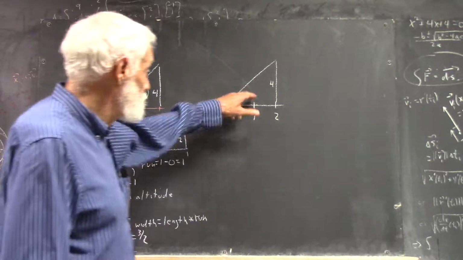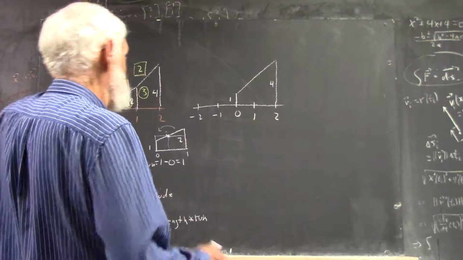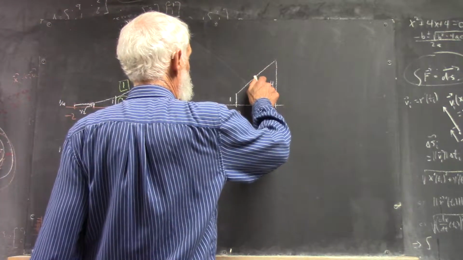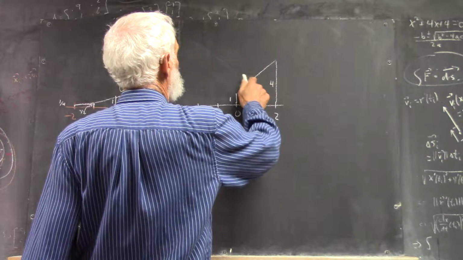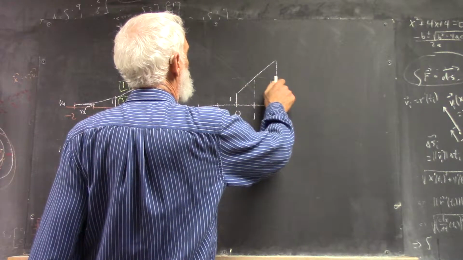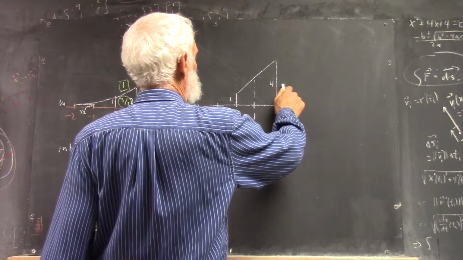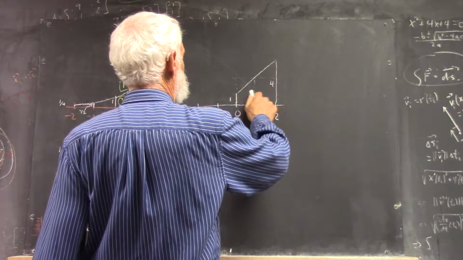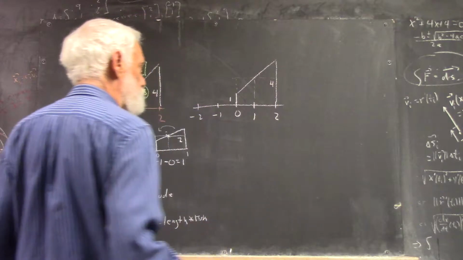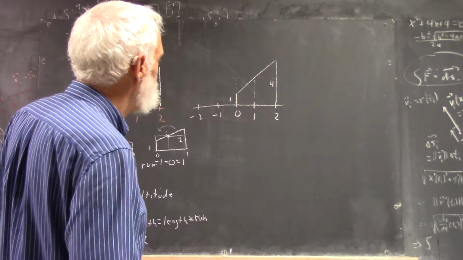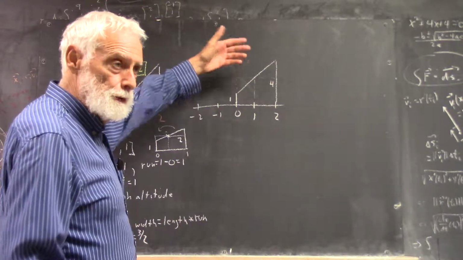Now we do the same for this one, and clearly the midpoint altitude would be 5/2. I'm not going to write that down because it's not part of our labeling, but we do this so we see it.